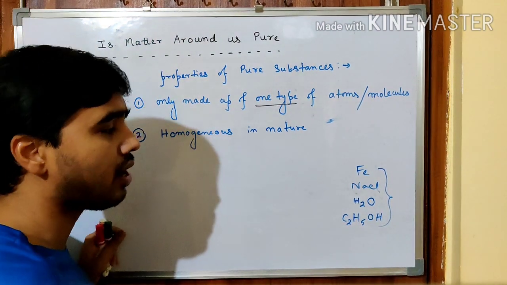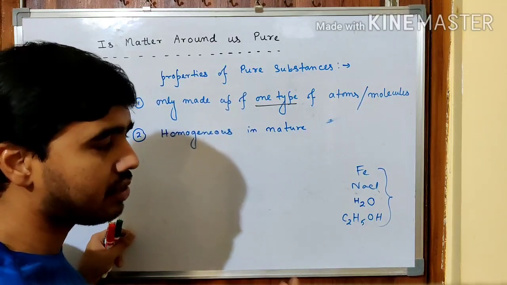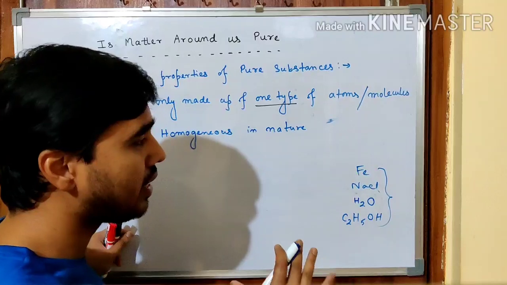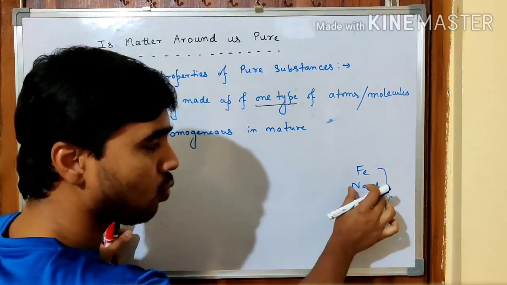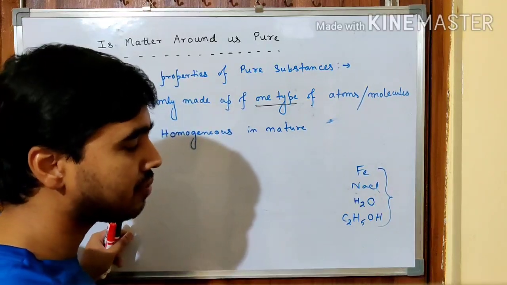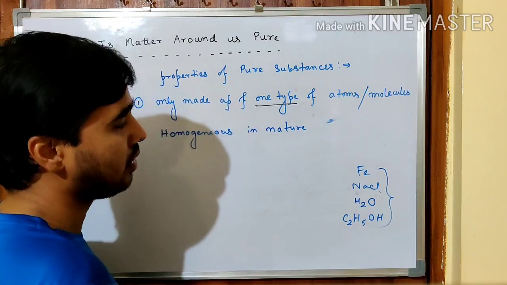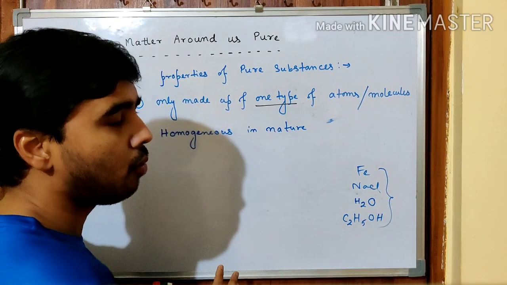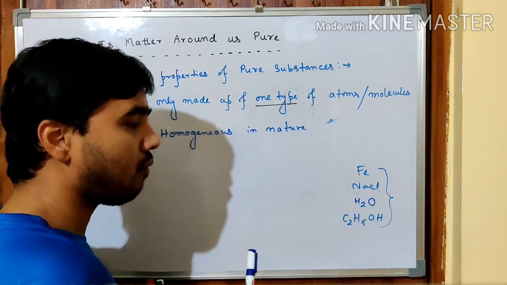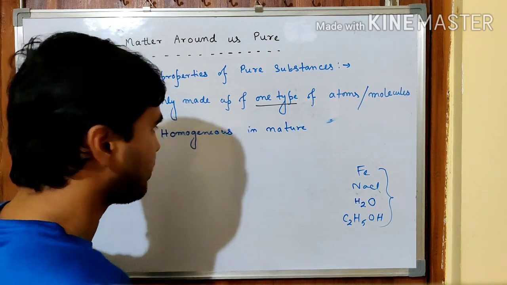Whether you purchase it or prepare it in the lab, whether you take 5 gram, 10 gram or 5 kg, throughout only sodium chloride will be there, and the composition does not change. Water also is homogeneous throughout. The composition is the same throughout. Hydrogen and oxygen combine in the same way to make water everywhere.